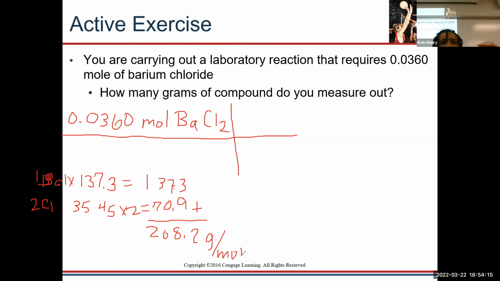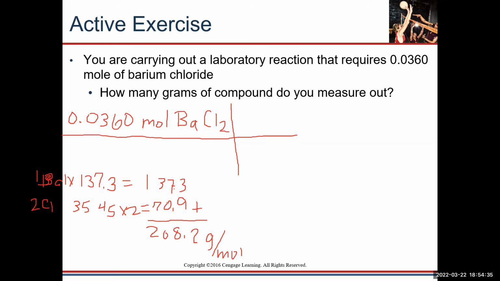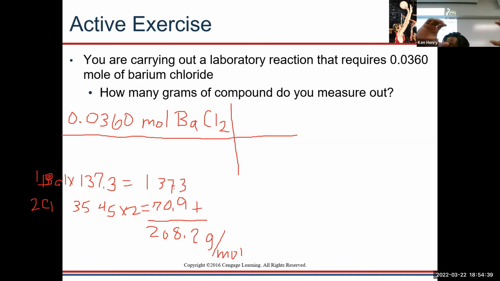Now, when we talk about grams per mole, this is 208 grams per 1 mole. So I'm going to use that to get rid of my mole. How many moles do I have? Wait, 1, because it's 208 grams. Grams refers to that 208, and then the mole is 1 mole.